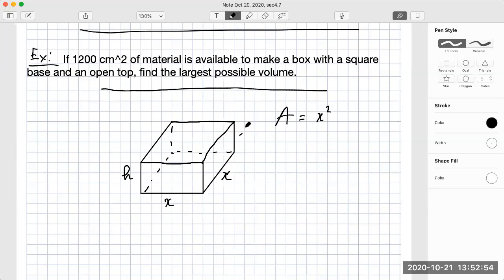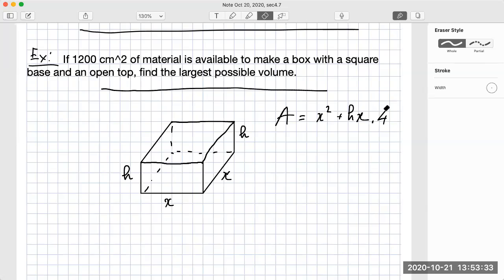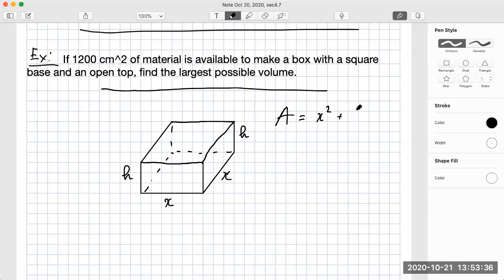And let us consider this side on the right here. What is the area of this one? h times x, yes. And this side? h times x again, right? So there are two h times x. And the front side here? h times x again. And the back here? The same. Therefore, finally, there are 4 times the side, okay? And let us write the number in front of the variables.